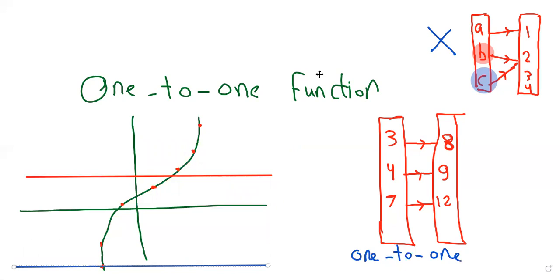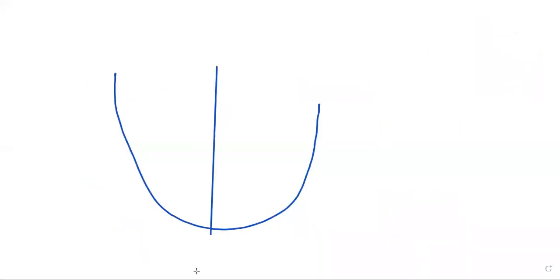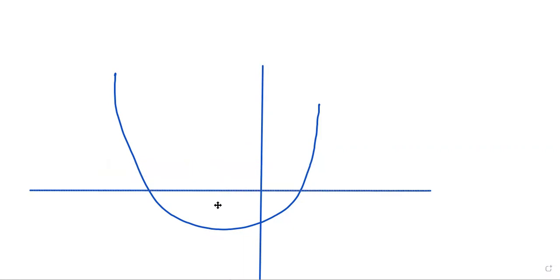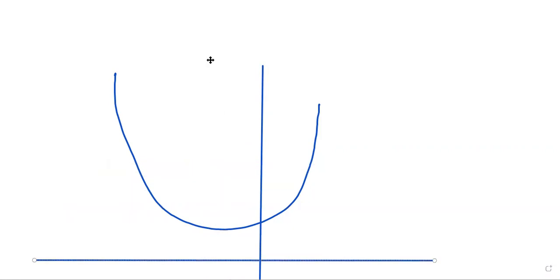If I have something like this curve, and I'm asking you now, is this function one-to-one or not? This function is not one-to-one. Do you know why? Because if I draw a horizontal line, this line cuts the curve at 2 points.